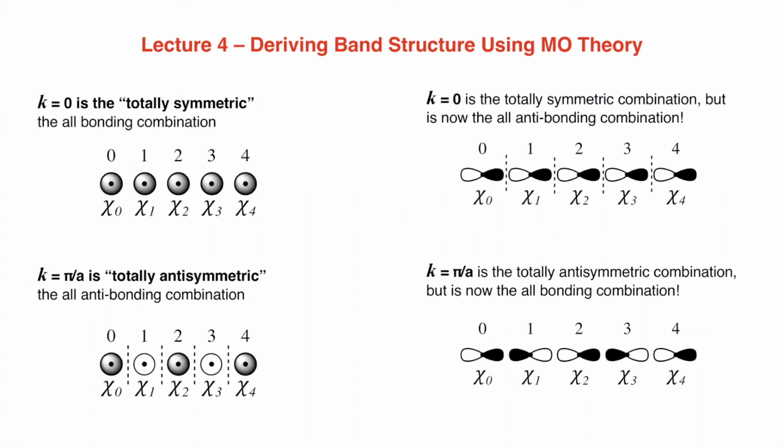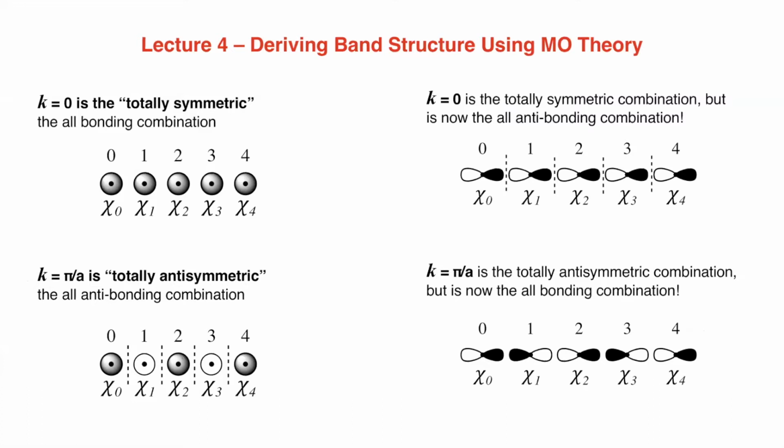K equals 0, where they don't change sign, shows an antibonding interaction between each p orbital, and for k equals pi over a, you have this orbital changing sign as you jump from one to the next, and this flipping back and forth gives you bonding interactions.